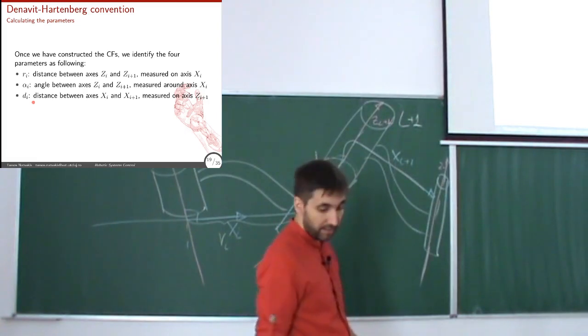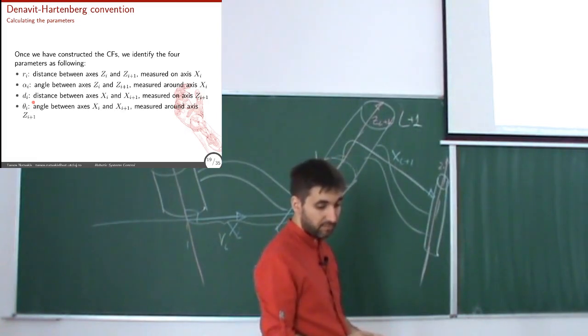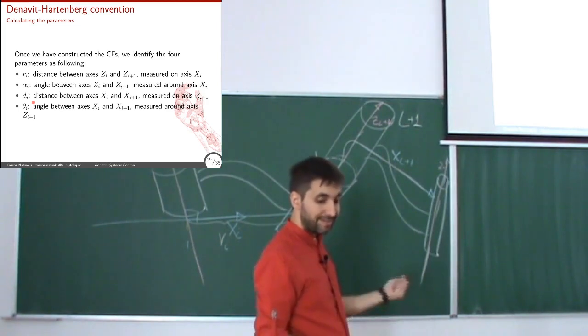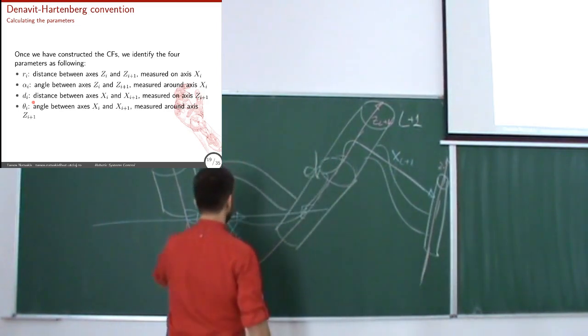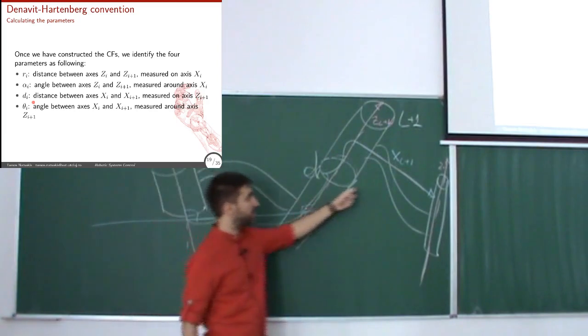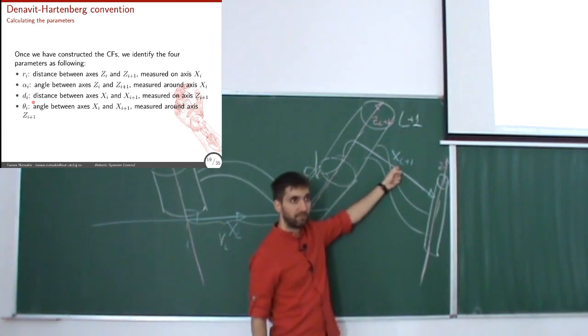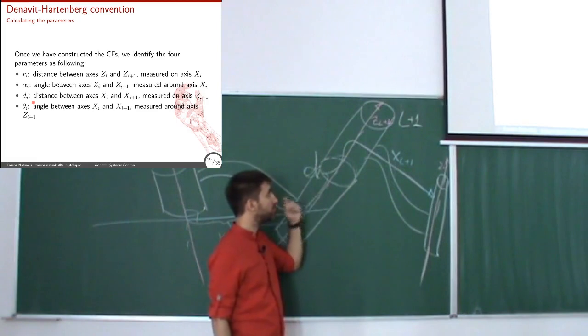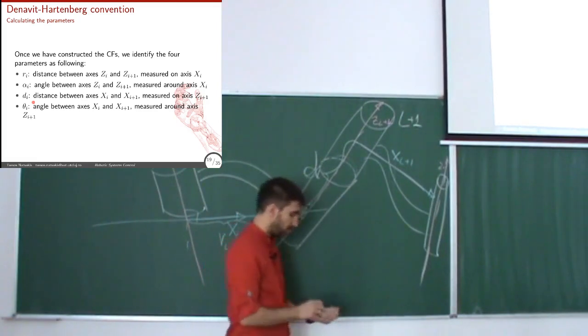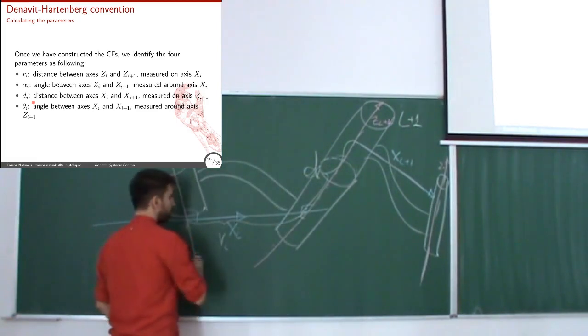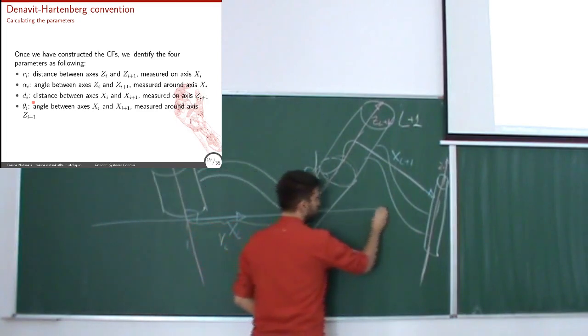And then finally, theta is the angle between xi and xi plus 1, so this xi and this xi plus 1, around zi plus 1. If I extend this one, I can consider it here.